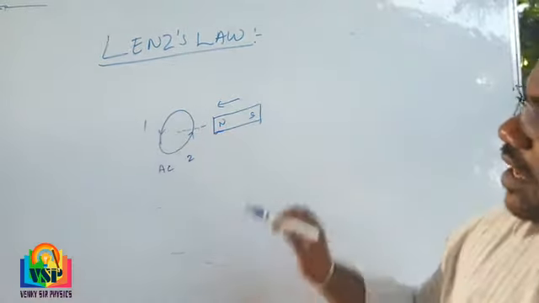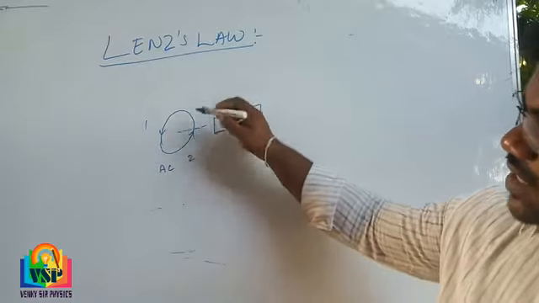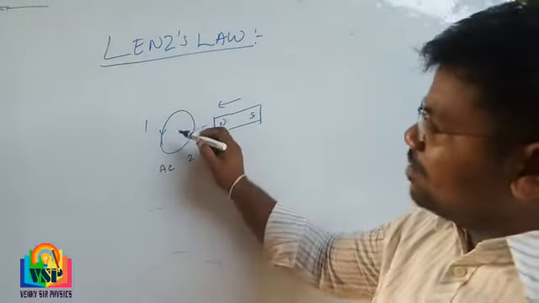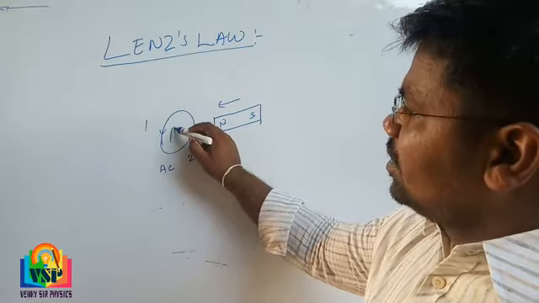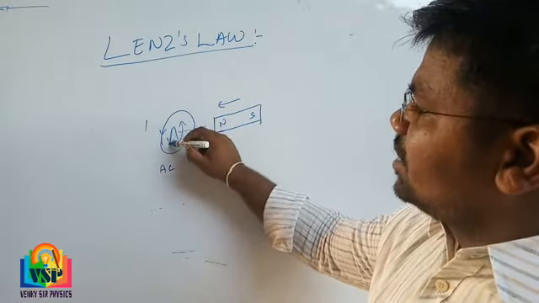If the current is passing anti-clockwise, the magnetic field developed here produces a north pole.